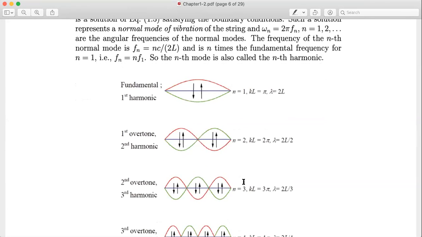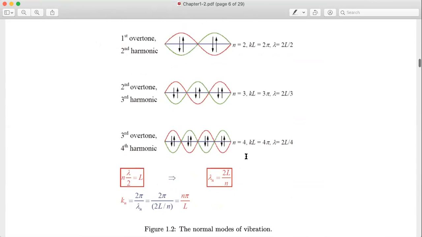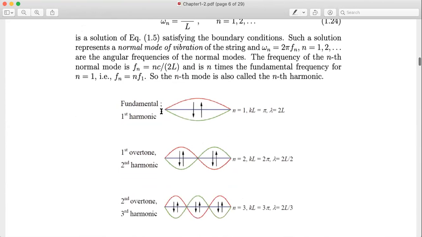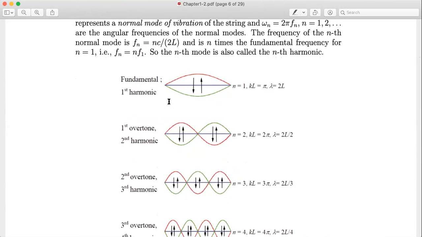So I just put up some examples for you here. Also you can see that the frequency will be proportional to n, n times a so-called fundamental frequency when n equals 1. That's just some terminology you probably learned before.